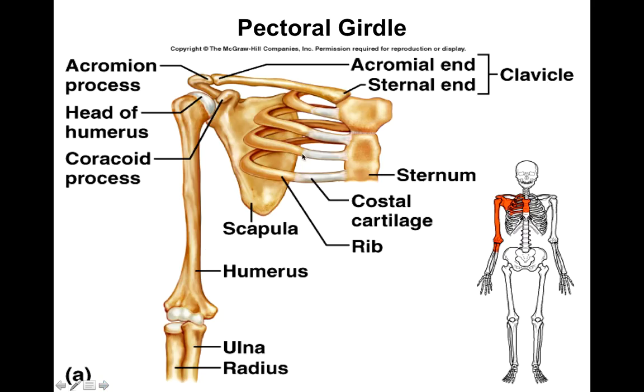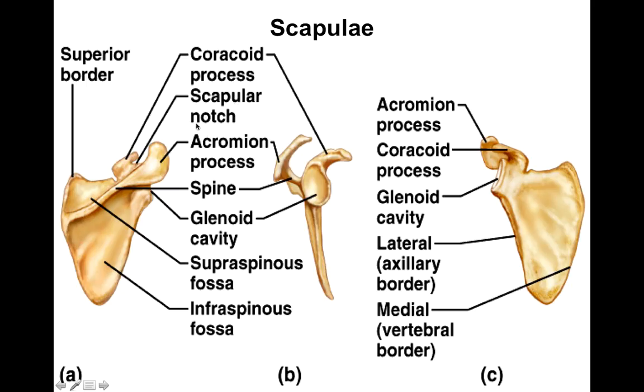All right, pectoral girdle is actually where we're going to start. When we're talking about the pectoral girdle, we're really going to look at the scapula. Okay, for the scapula, there's 4 things we have to know for this class. One is the spine of the scapula.